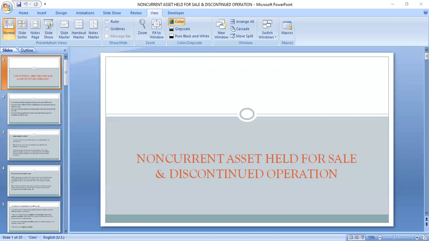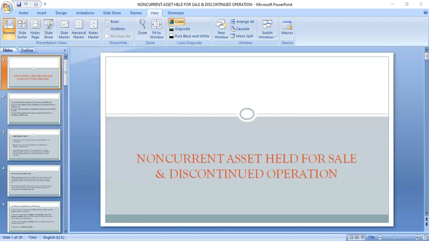Measurement of asset held for sale. Here, an entity shall measure a non-current asset or disposal group classified as held for sale at the lower of carrying amount or fair value less cost of disposal.